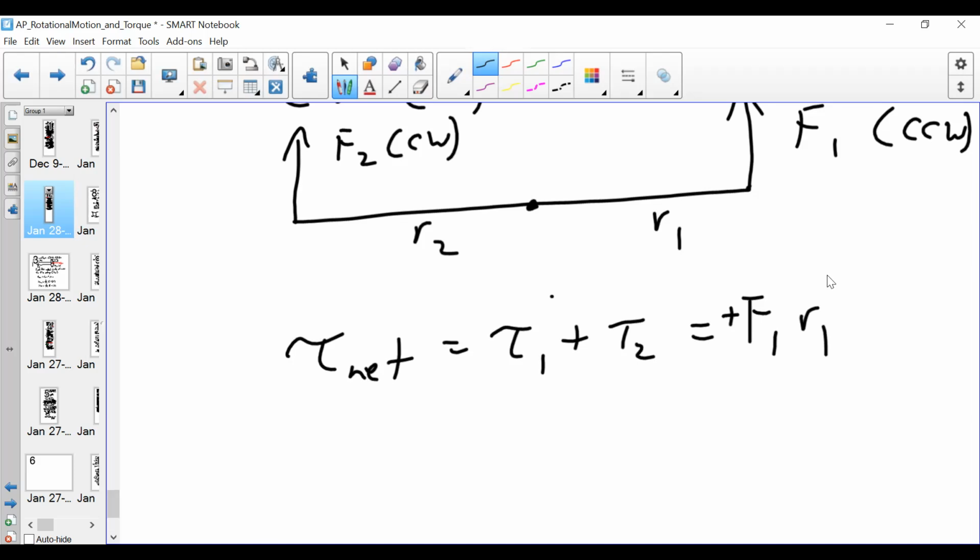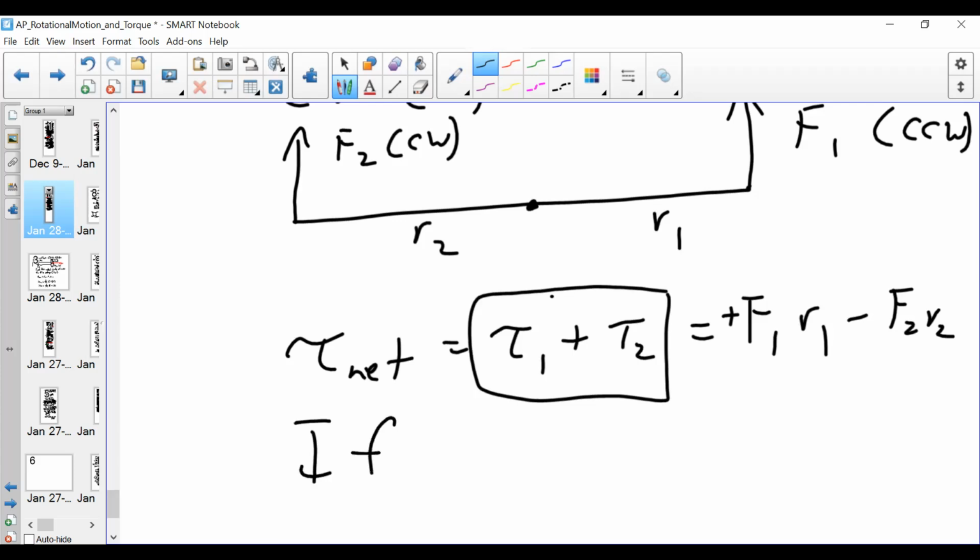And then F2, R2 is going to be minus F2, R2. And so that will be what our torque equation would be when we consider the torques produced by F1, R1, or F2, R2. This is the linear combination. This is what it's made up of, and these are the so-called magnitudes and directions of those torques. And when you put your numbers in there, you're going to get a net torque.